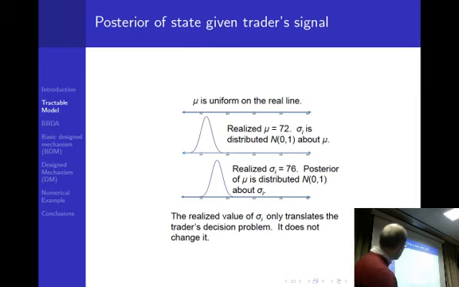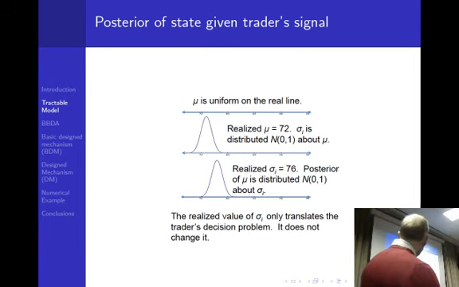So here's, gee, this isn't very good, but I'll try to trace it out. Mu is uniform on the real line, so it could be any place. Mu could be minus 10 million or plus 10 to the 6, but let's suppose it comes out to be 72, a more tractable number. And then my valuation, once I have it, will be, let's say, normally distributed around 72.